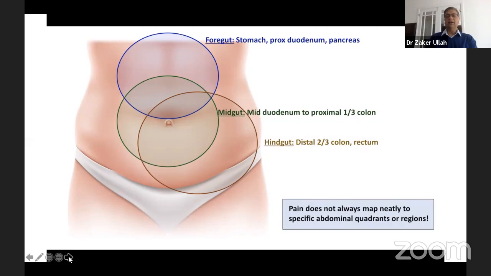And in hindgut, the distal two-thirds of the colon and rectum, of course, the pain is normally in the left iliac fossa or left pelvic area. But please remember, it doesn't always map to the similar structure I'm showing you. It can be intermingled with other structures as well and cause pain in different parts of the body.